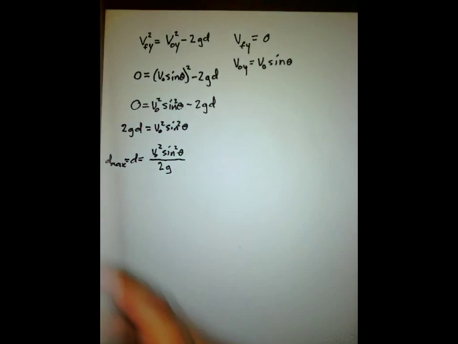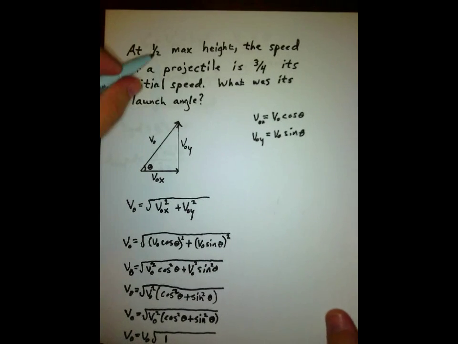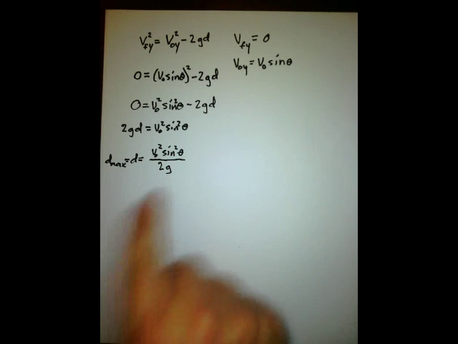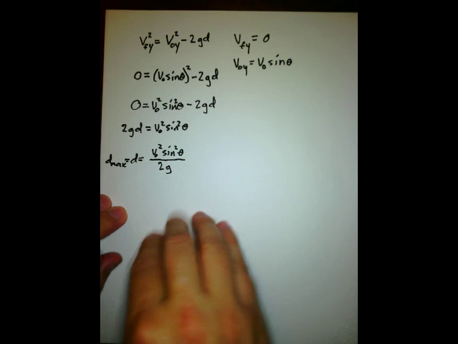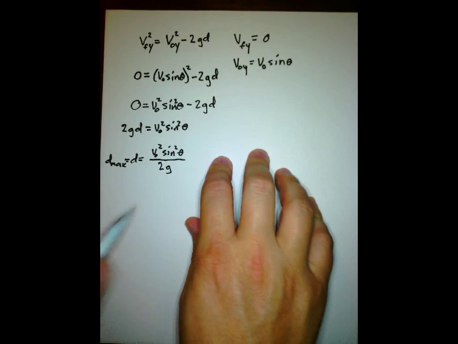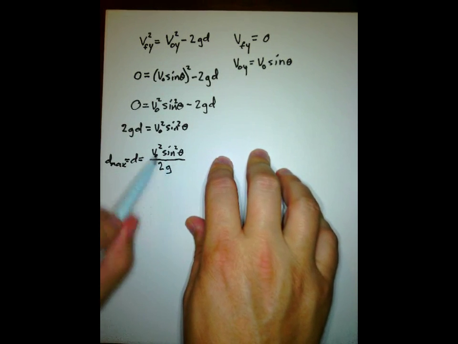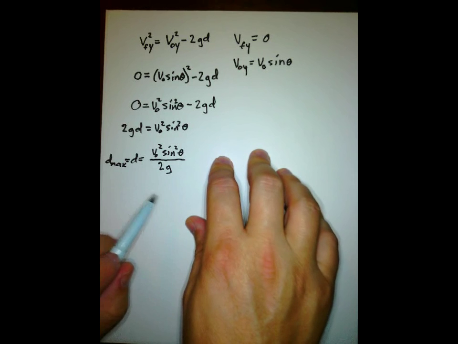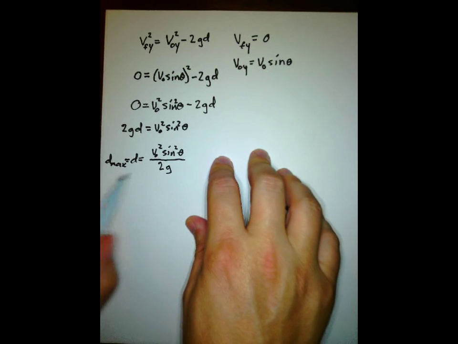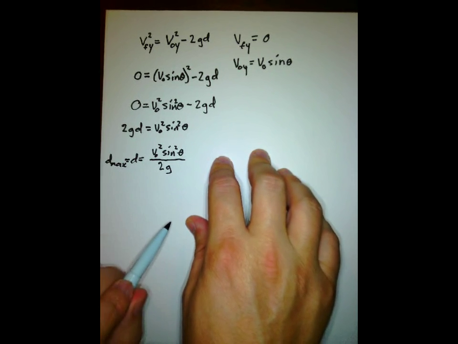Now the problem said at half of its maximum height, and we have maximum height. Now, if this were a normal problem where they gave us a bunch of numbers and we were able to do all the math and we ended up with a number here instead of variables, let's say that we found out our maximum height was 10 meters.